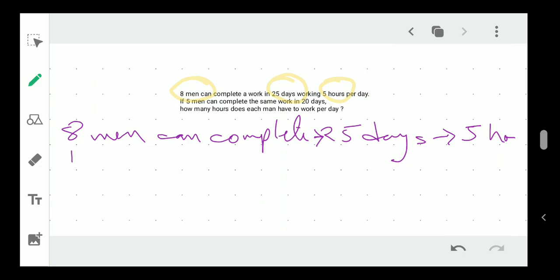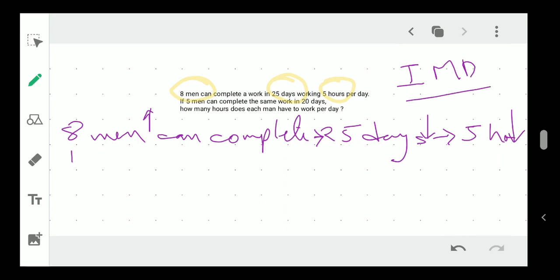You can see the relationship is inversely proportional, because if the number of men increases, the number of days will decrease. If I increase the number of persons working, the work will be done in much less time. So the days will decrease, the hours will decrease too, like less time is needed. So the situation is again IMD.